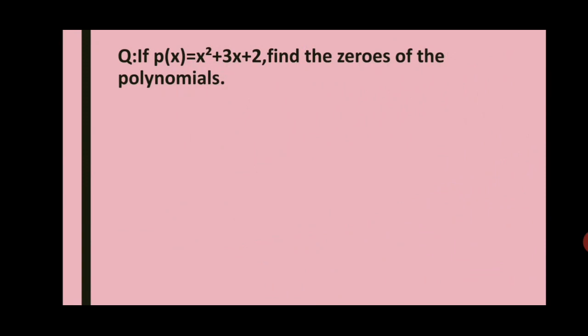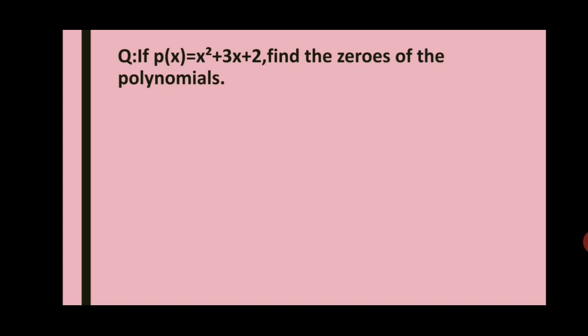Find zeros of the polynomial p of x is equal to x square plus 3x plus 2. See, this is one quadratic polynomial. This is an example for quadratic polynomial. So, how many zeros should it have?